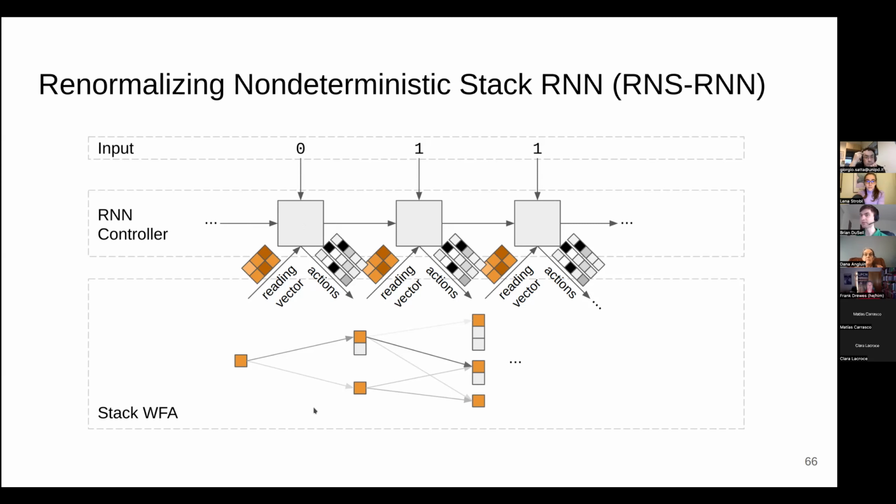We have the stack WFA data structure, which maintains a distribution over PDA configurations. And we continually marginalize over these configurations to get the reading vector, which summarizes the tops of the PDA configurations. I'm skipping some details on how to do the marginalization, but it's pretty straightforward when we have all the stacked WFA weights.